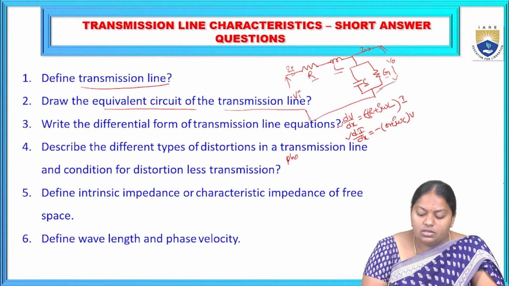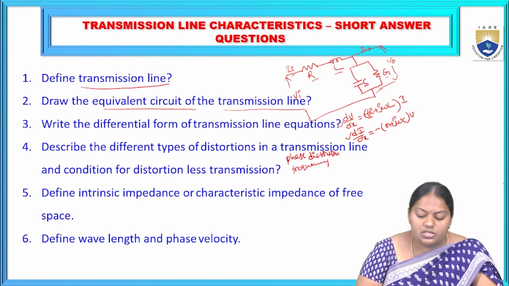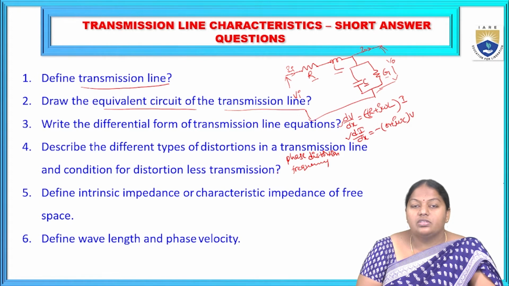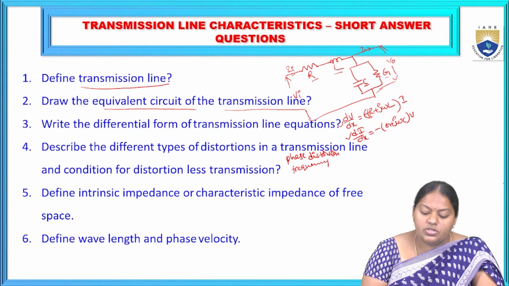There are two types of distortions we consider in transmission lines. One is phase distortion, which is also called delay distortion, and the other is frequency distortion. The condition for a distortionless transmission line is L by C equal to R by G.